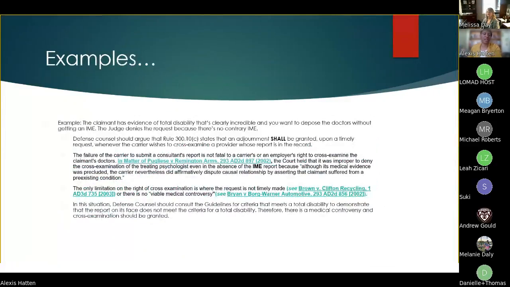So again, back to our example, denials of development of the record where we request cross-examination of an attending physician are very susceptible, very vulnerable to being reversed on appeal.